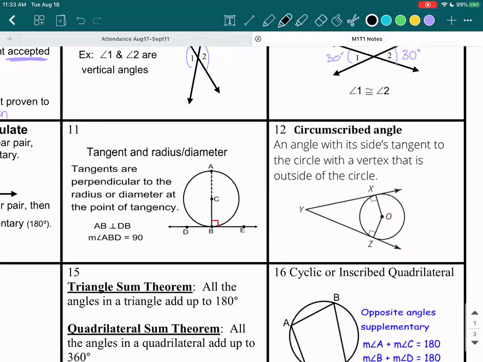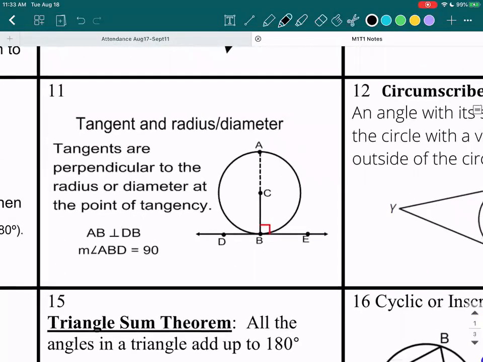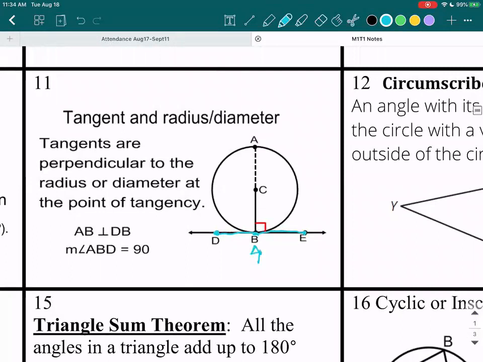Okay, so let's do number 11, tangent and radius diameter. So tangents are perpendicular to the radius or diameter at the point of tangency. So remember, a tangent line touches the circle only once. So when you're looking at that, our tangent line is over here, D, B, E, and it touched the circle at this point of tangency of B. Okay, so B is our point of tangency, and so that means this tangent is perpendicular to the radius.